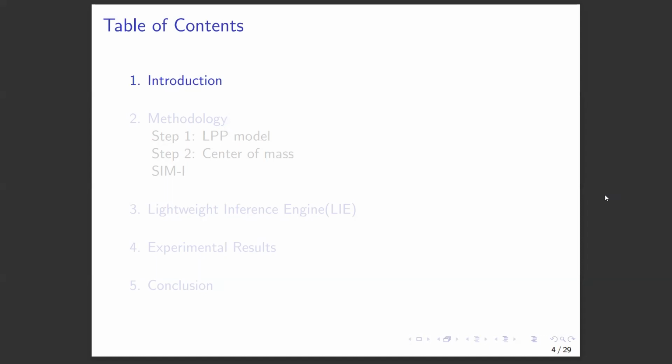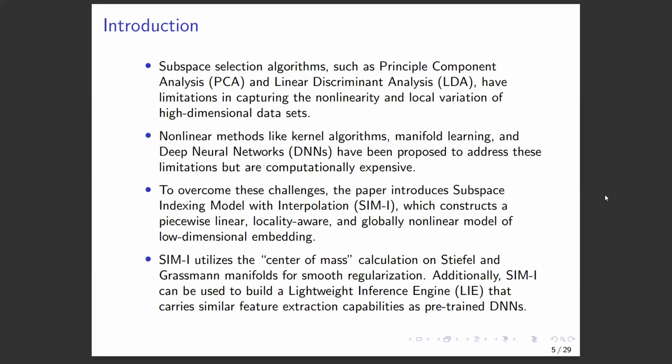So first, the introduction part. In the realm of high-dimensional data analysis, traditional subspace selection algorithms like PCA and LDA have played a fundamental role. However, they often couldn't capture the nonlinearity and the local variation inherent in complex datasets. Our motivation was to address these limitations.